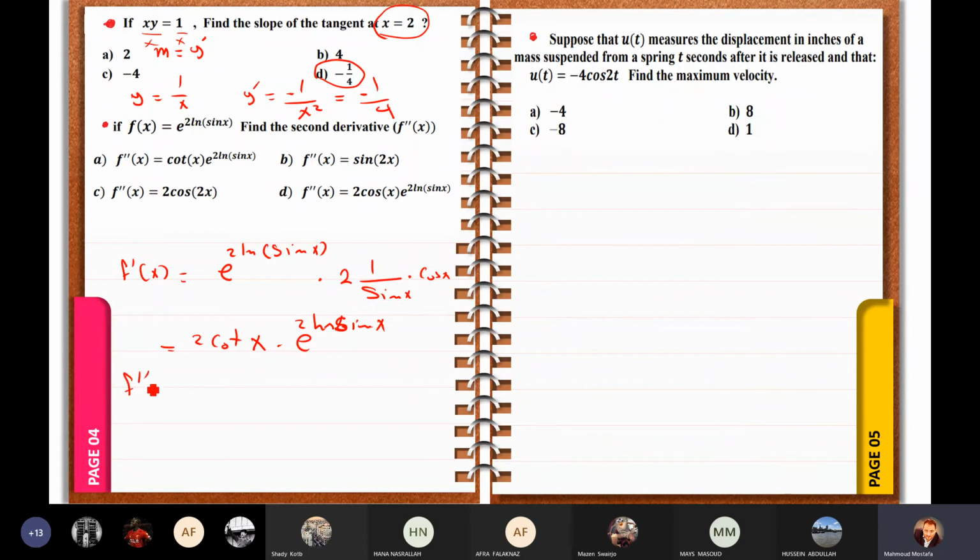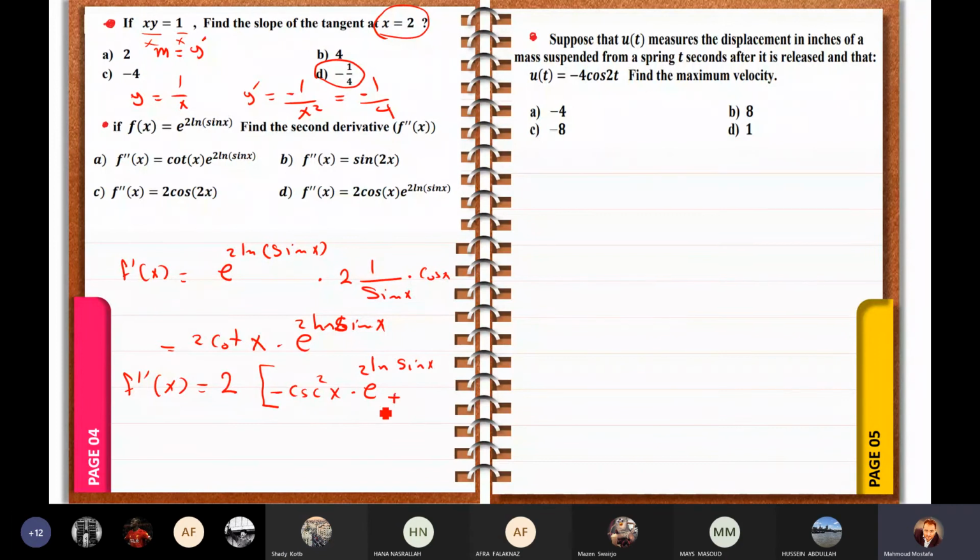Second derivative, like we have u multiply v. Okay, so you can take 2 outside here, and then u prime, derivative of cotan is what? Negative cosecant square, multiply by e, the same 2 ln sine x.